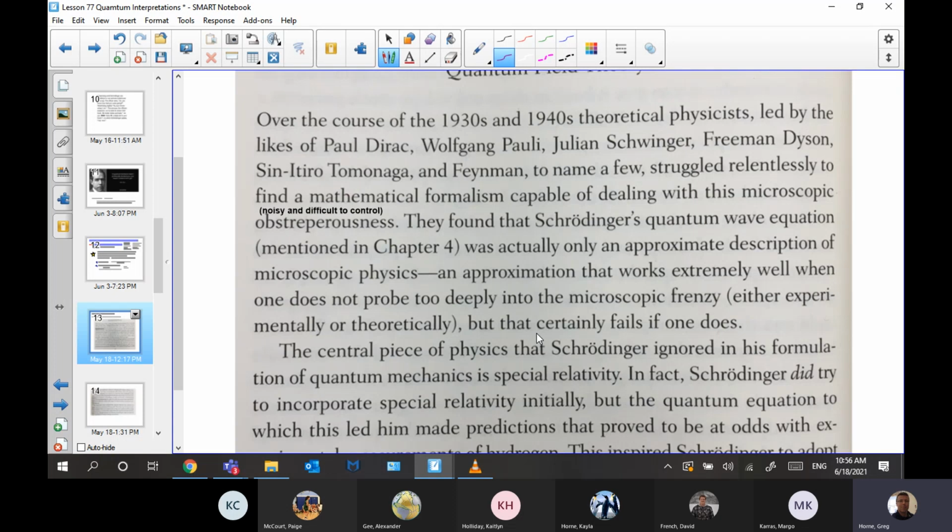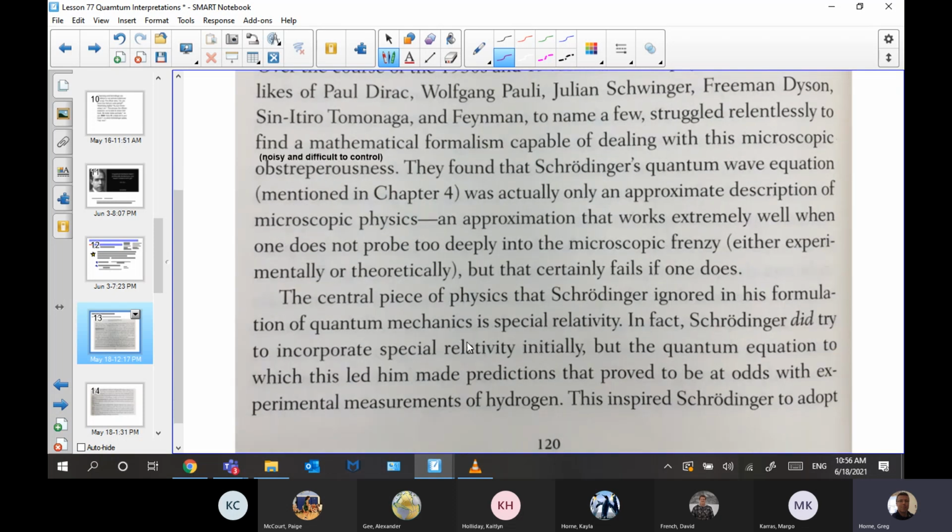So they found that Schrödinger's quantum wave equation was actually only an approximate description of microscopic physics, an approximation that worked extremely well as long as one doesn't probe too deeply into the microscopic frenzy. So Schrödinger's wave equations don't deal well with the quantum fluctuations. But they actually fail if you look down close enough.